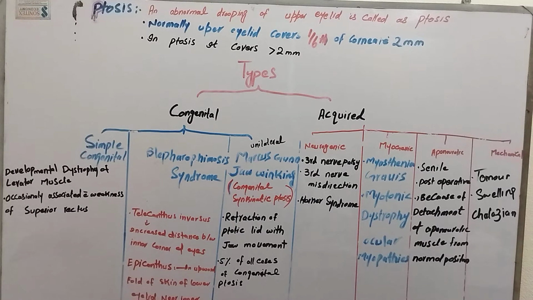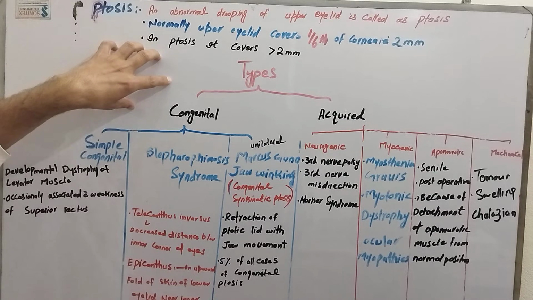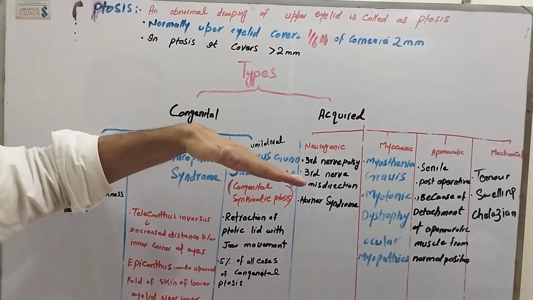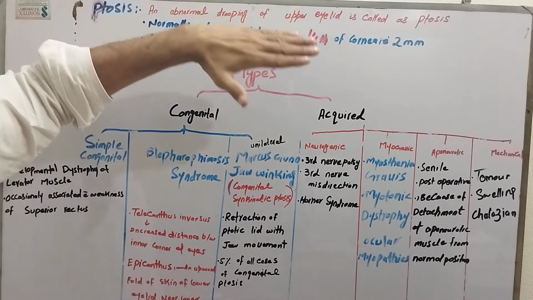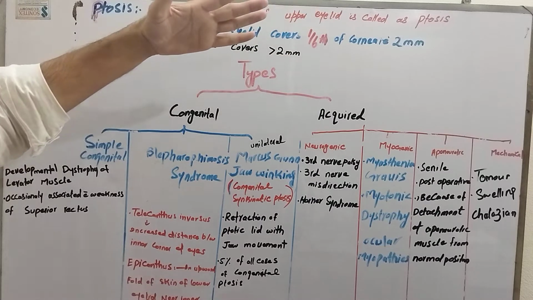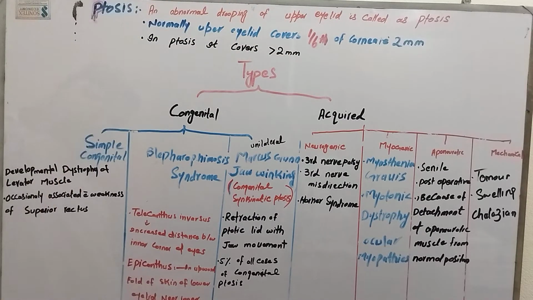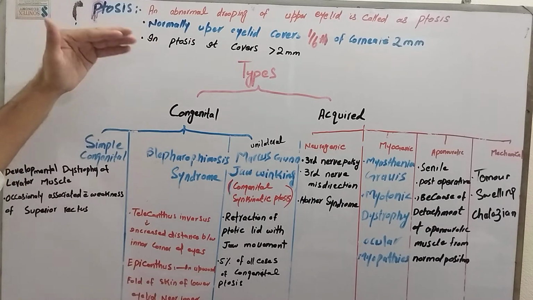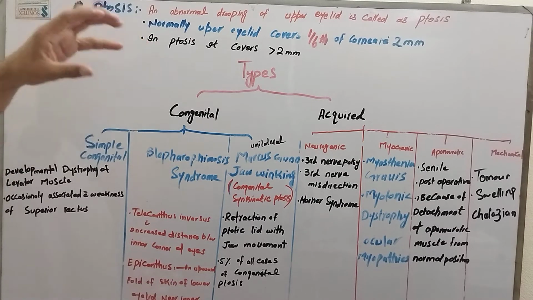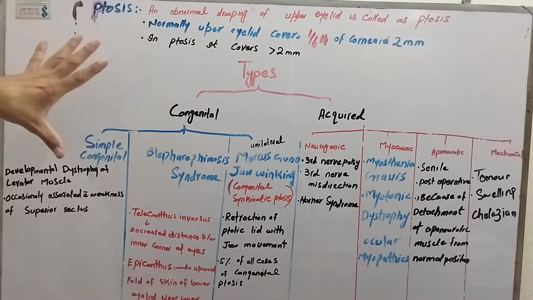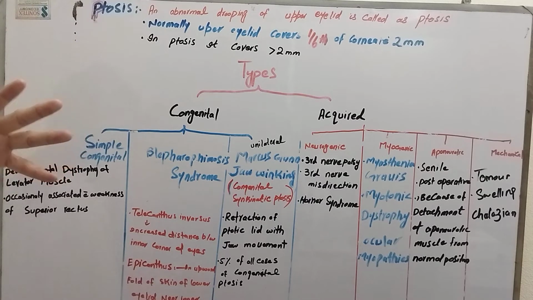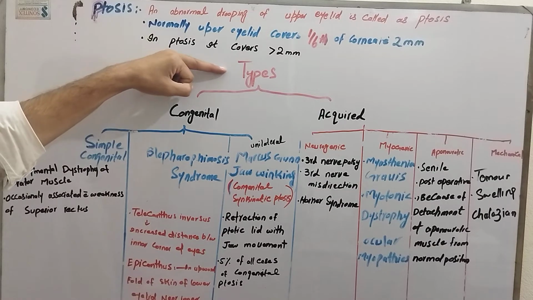Both of these work when the brain gives signals through the nerves to these muscles, and then they lift our upper eyelid upward. Any disease affecting them leads to ptosis.